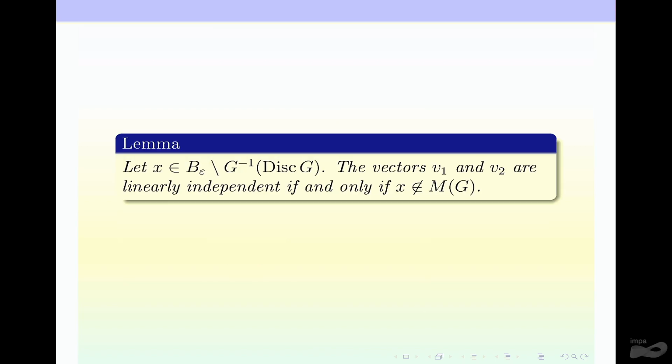So what else can we say? If we consider, of course, we are assuming that G is holomorphic regular and epsilon is such a radius. Okay, so let x here, the vectors v1, v2 are linearly independent if and only if x is not here.